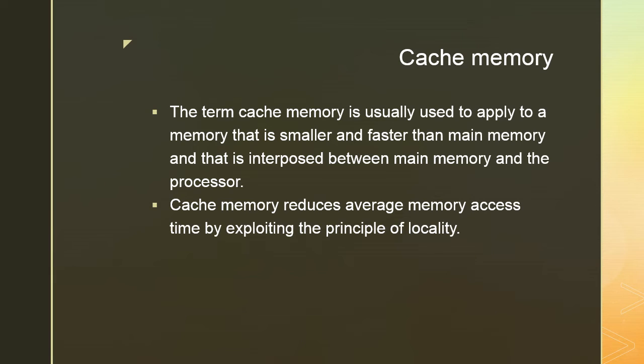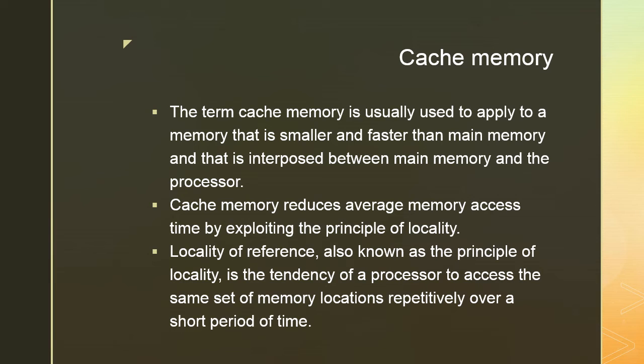Cache memory reduces average memory access time by exploiting the principle of locality. Locality of reference, also known as the principle of locality, is the tendency of a processor to access the same set of memory locations repetitively over a short period of time.